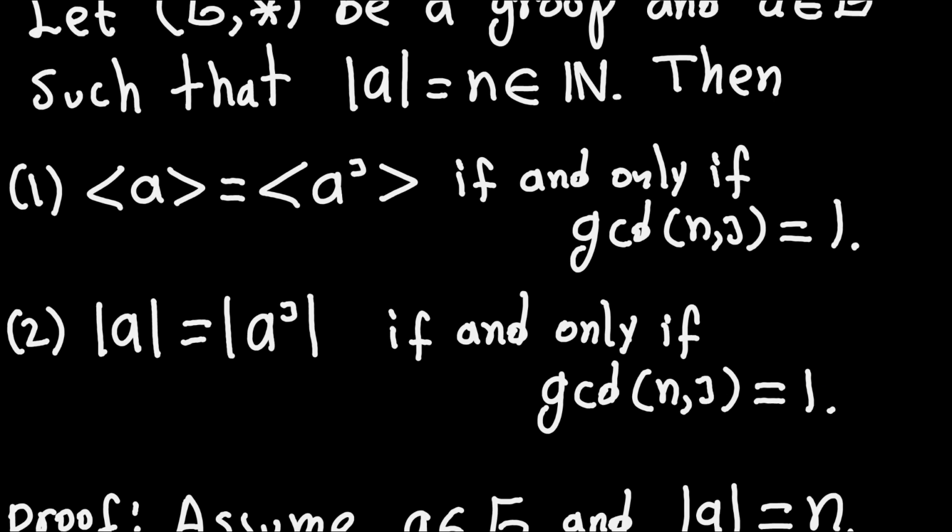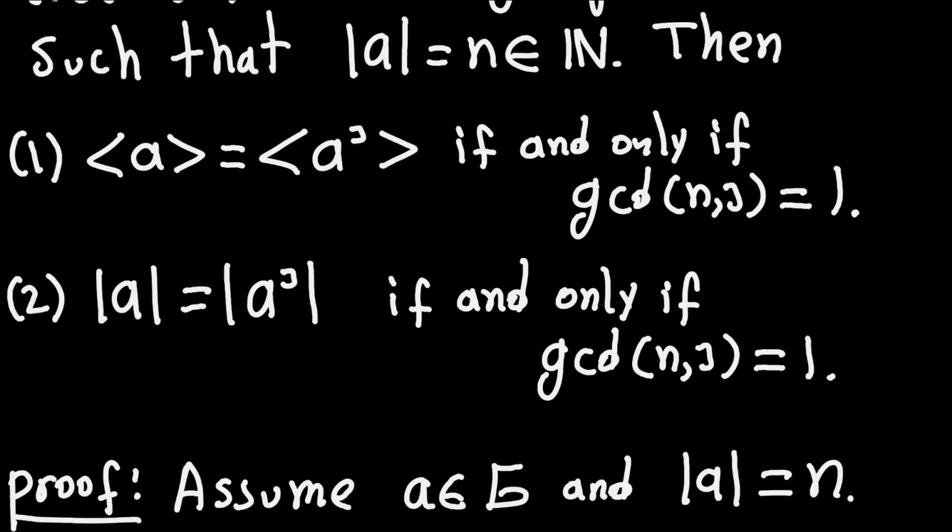If you look carefully at this equality, this is exactly what we're talking about. If you have a group that is generated by a, that group is going to be generated by a to the j only if the GCD of that exponent and the order of a is 1.